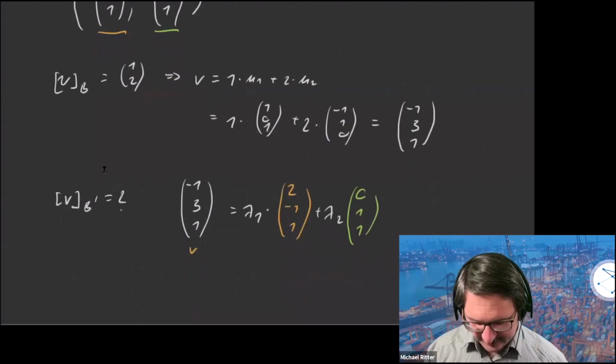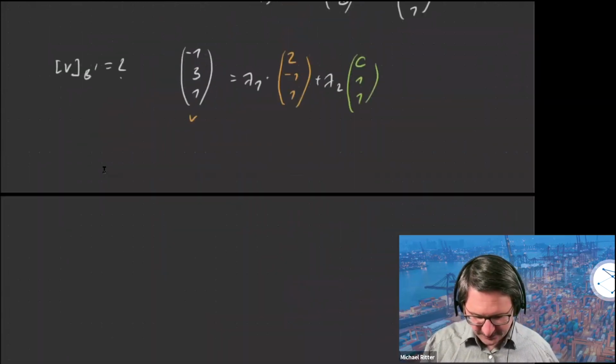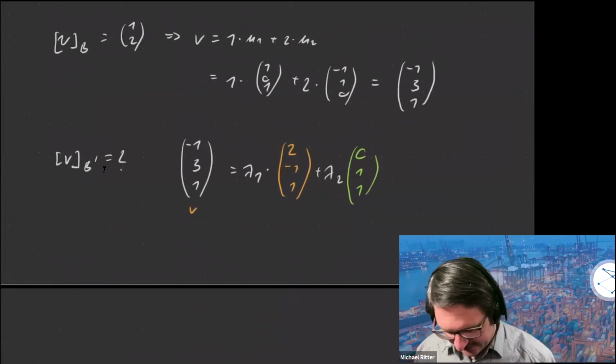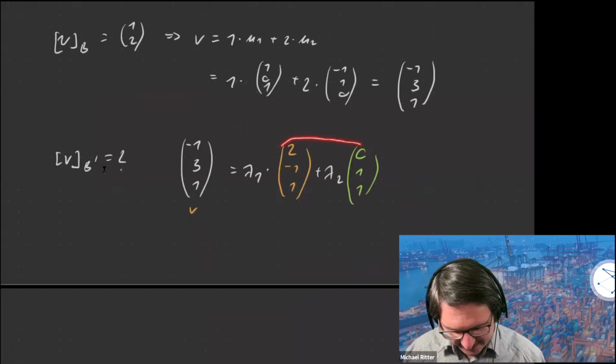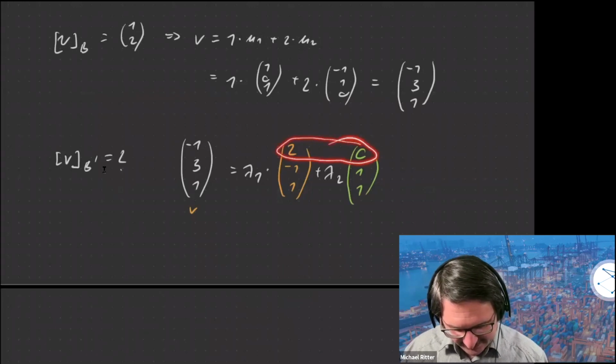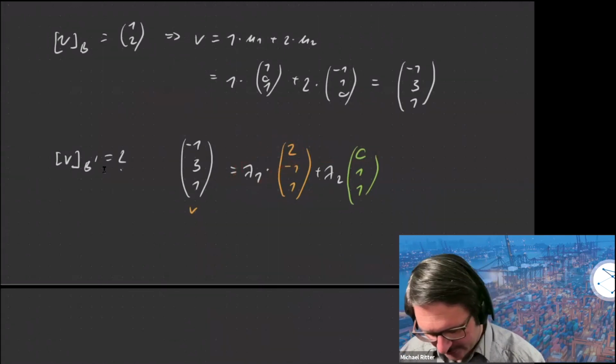So we have to find the correct values for lambda 1 and lambda 2. And once again, we're in luck here. We have a row that contains just lambda 1. So we can easily infer that lambda 1 here needs to be minus 1 over 2.